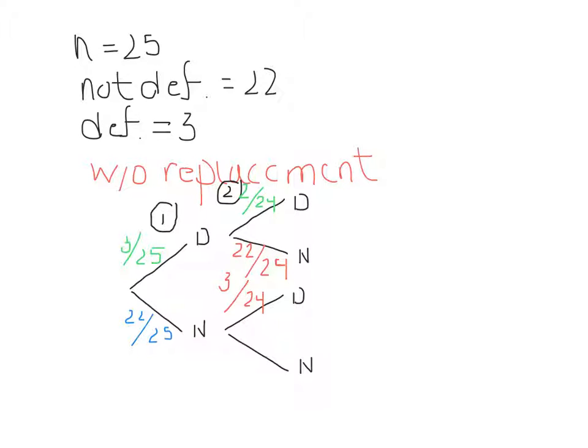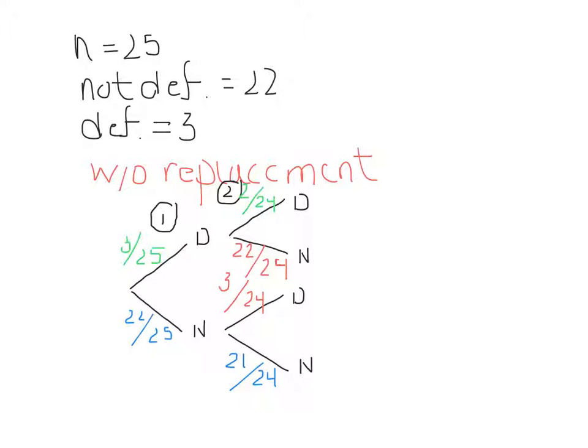But if the first part I picked was not defective, and I want to know the probability that the second part I pick is not defective, of the 24 parts that remain in the box, only 21 of them are not defective because I removed one of the 22 already.